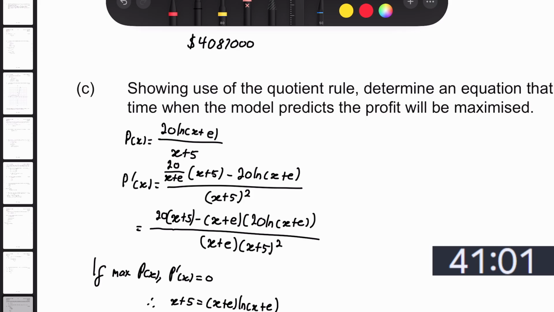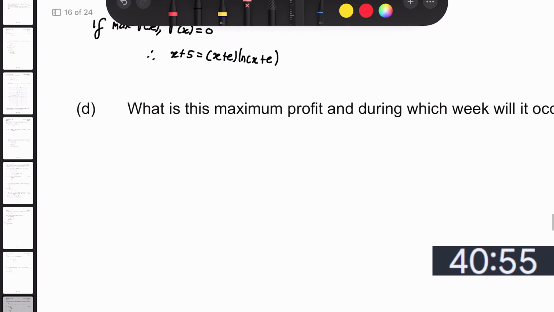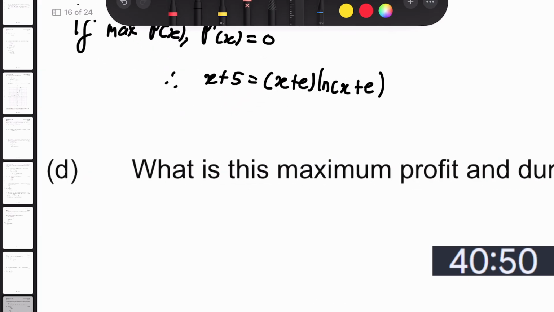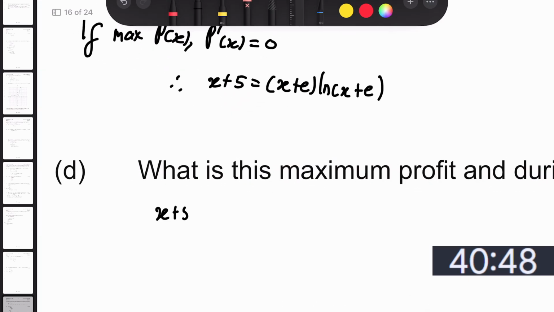So then I get negative ln of x plus e times x plus e, minus x minus 5. Yep, okay, what is the maximum profit and during which week will it occur? Well, if x plus 5 equals x plus e times ln of x plus e, then x is equal to, so answer equals 0.